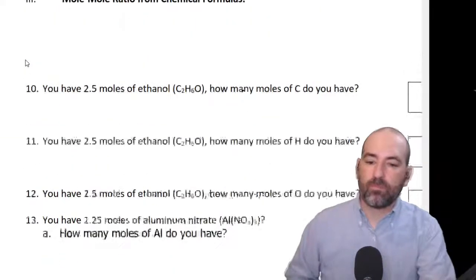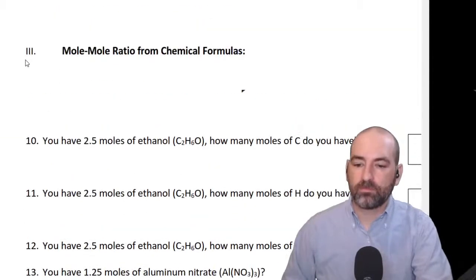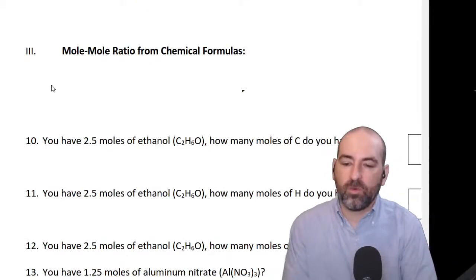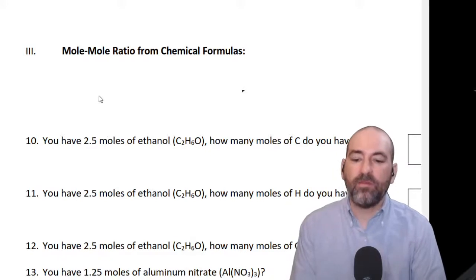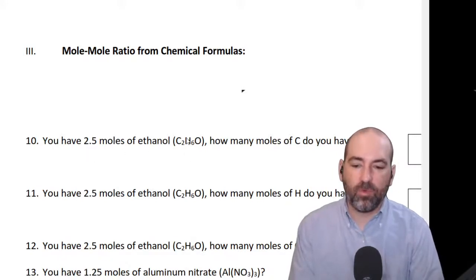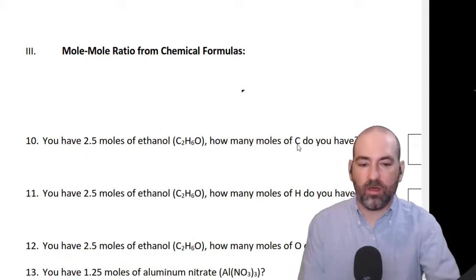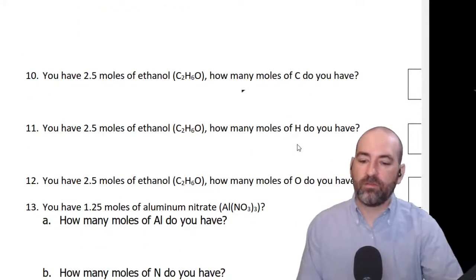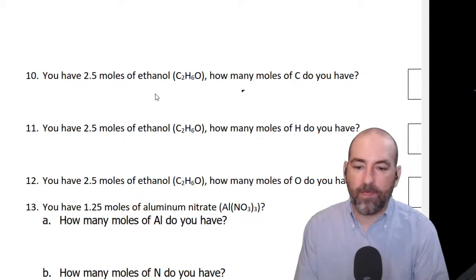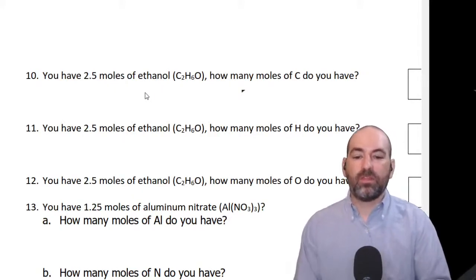So again, we're talking about a conversion factor. If you have a certain number of moles in a compound, you can use the conversion factor given by the molecular formula to figure out how many moles of the individual atoms you have.